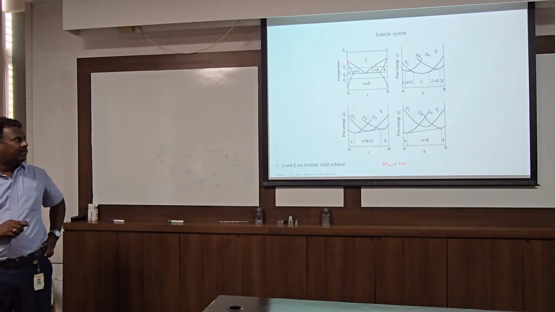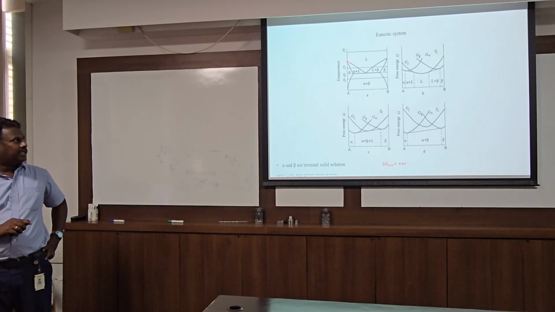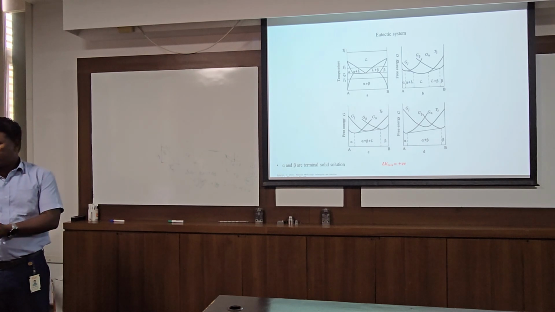Suppose this is a melting point. I take one component A, this is its melting point, and this is B's melting point. Suppose this is 1000 degrees centigrade and this is 900 degrees centigrade. Just assume that.